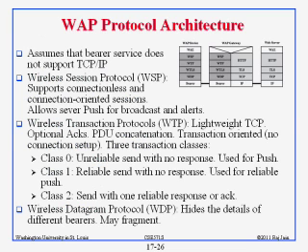Now, in terms of protocol architecture, the device has these layers: WSP, WTP, WTLS, and WDP. WSP is session, WTP is transport, WTLS is, as you would expect, the security, and WDP is the datagram protocol.